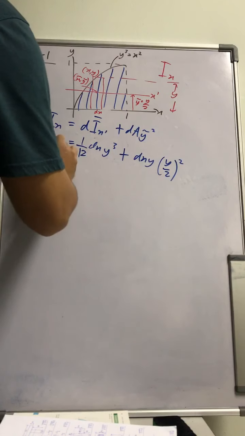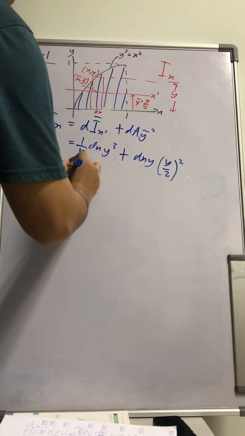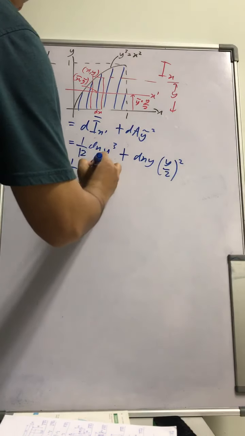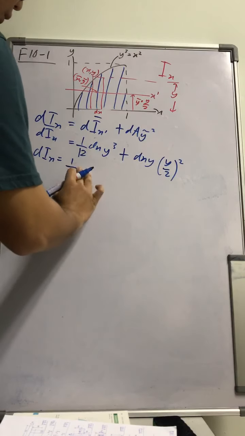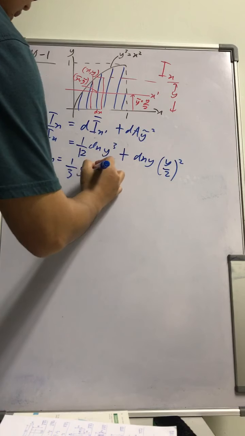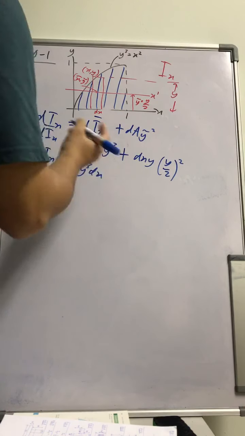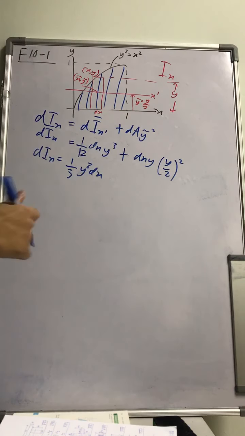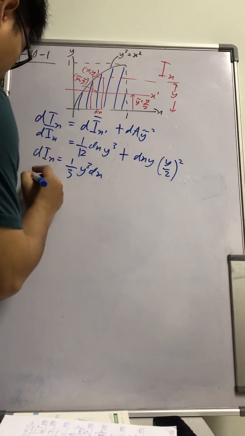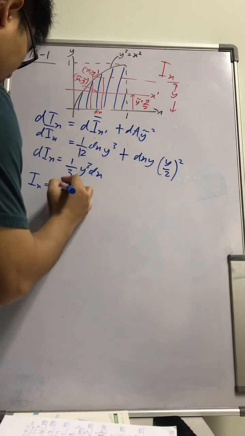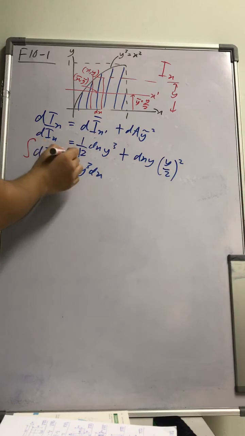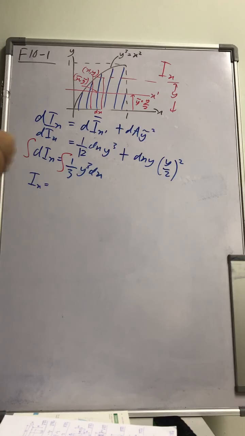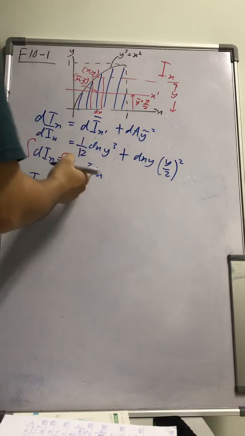Your dIx, if you simplify, will be 1 over 3 dx y cubed, or actually the more correct way is y cubed dx, because later on we want to integrate. So your Ix is the integration of this.